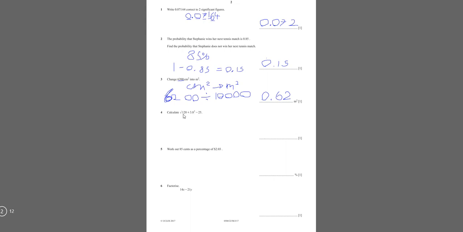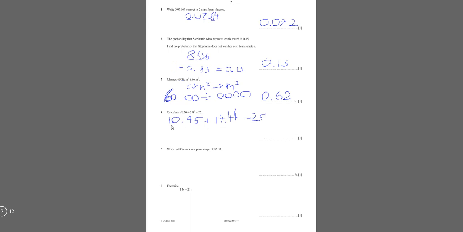The square root of 120, as given by a calculator, is 10.95 plus 3.8 squared is 14.44, and still minus 25.